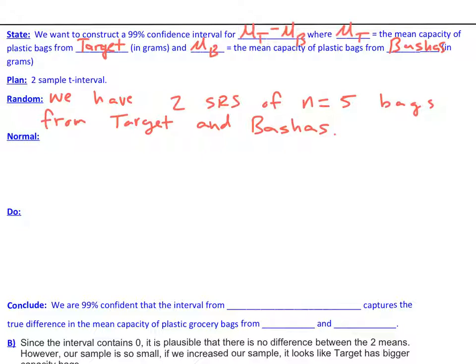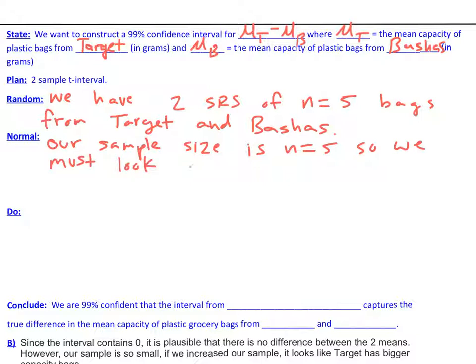For normal, sample size is 5, so we must look at box plots. I'll show you how to do that in class.